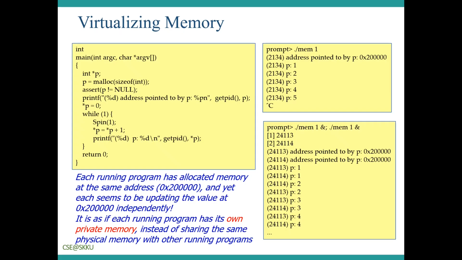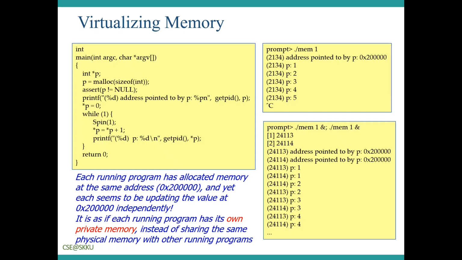Let's take a look at this program. The program first allocates some memory by calling malloc. Then it prints out the address of the memory and initializes the memory value to 0.